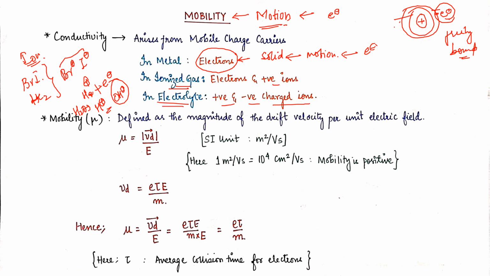Then if we talk about the electrolytes, electrolytes are the solutions which have free electrodes or the charged ions. See, if we say FeSO4 is added into some solution, that is an electrolyte.